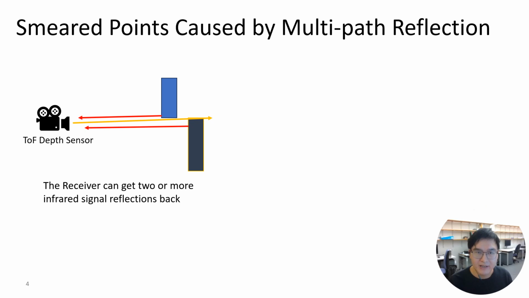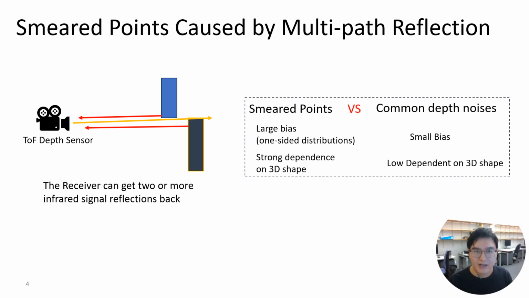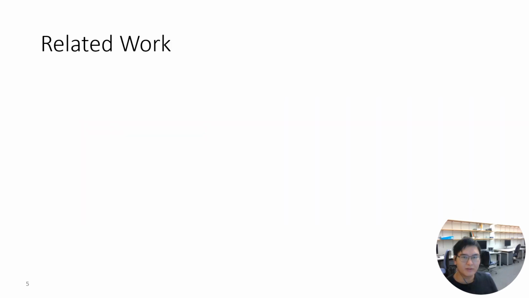These multiple returns can result in a variety of artifacts and typically are interpolated between the foreground and background object. Compared to the common depth random noise, which has a small bias, large variance, and low dependence on 3D shapes, the smeared points caused by the multi-path reflection depend strongly on 3D scenes, with one-sided distribution at object boundaries.